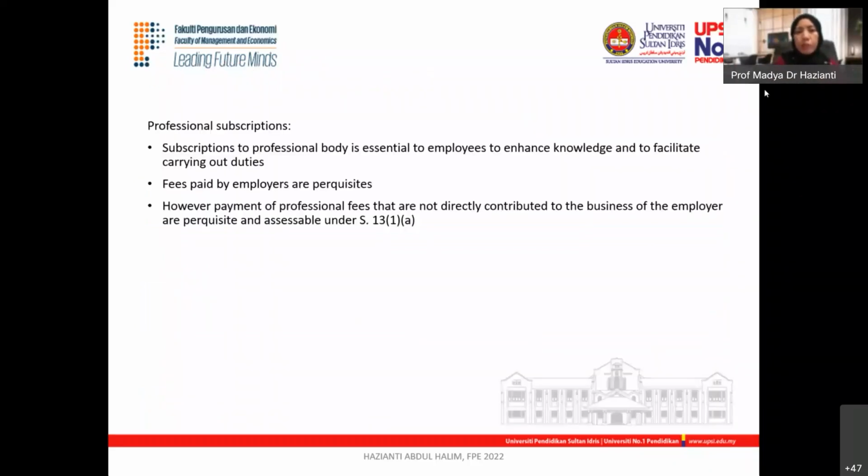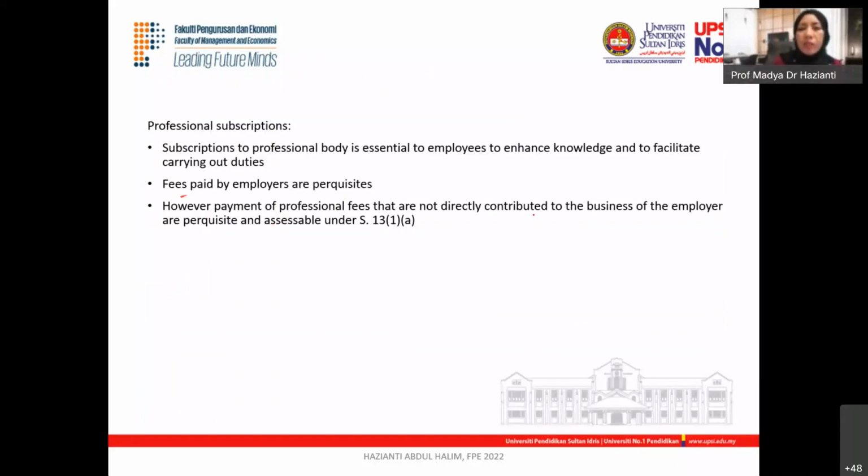And to facilitate carrying out duties, the employer pays fees. Let's say you are a member of the Malaysian Institute of Accountants. So UPSI pays my membership, and that is also considered a perquisite.